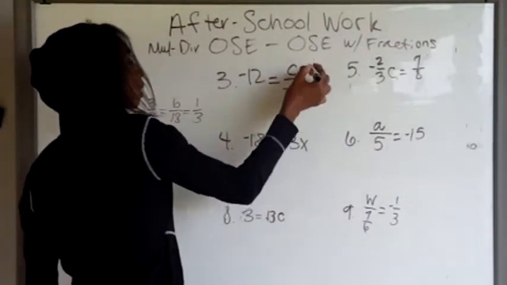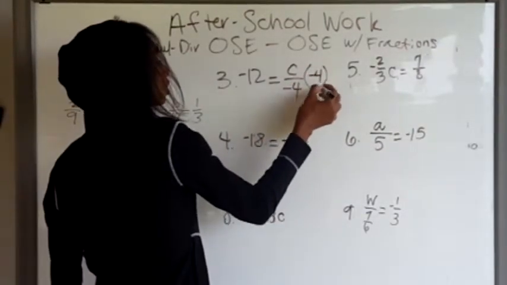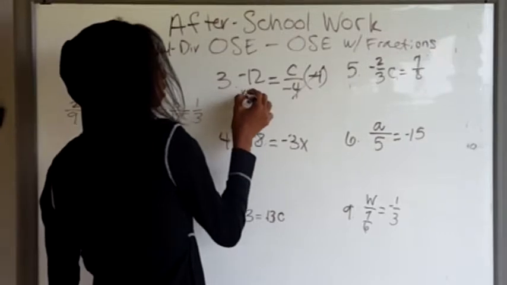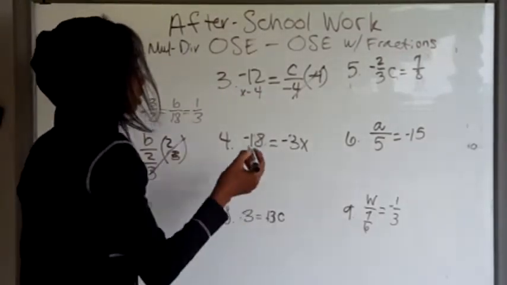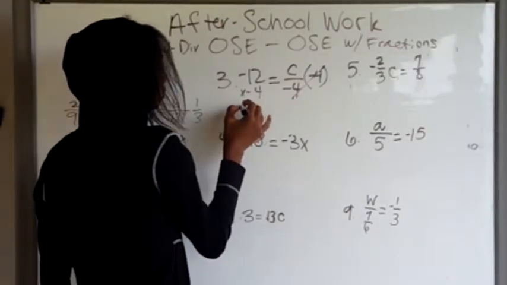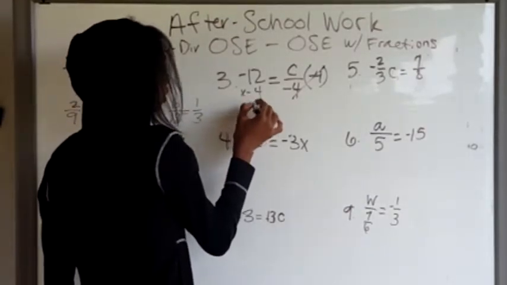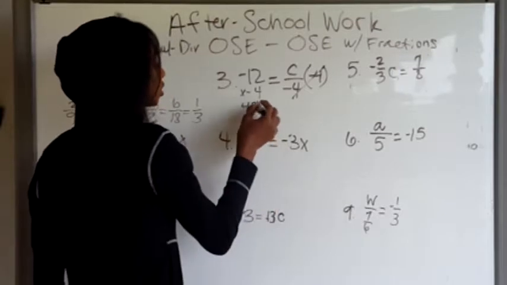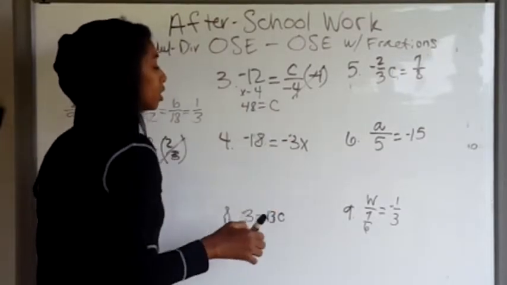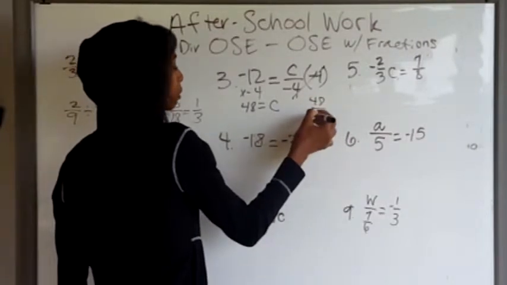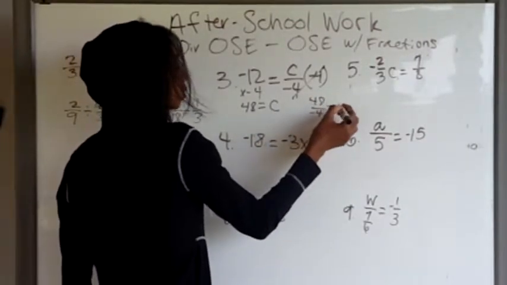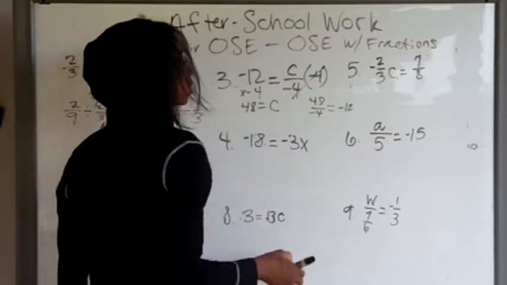So we're going to multiply by -4 on both sides. -4 times -12 is going to be positive 48. So 48 equals c. Then we plug that in. We have 48 divided by -4, which is equal to -12.